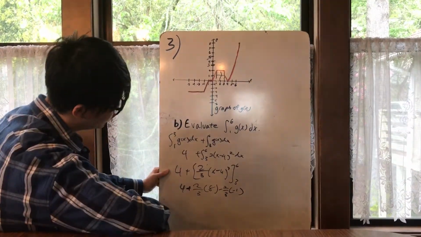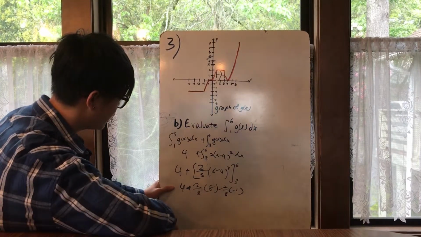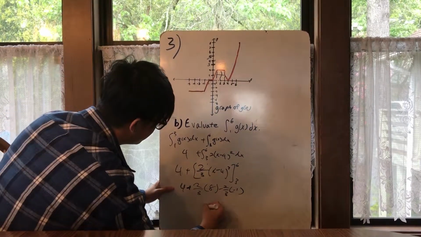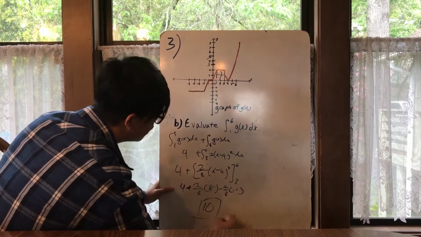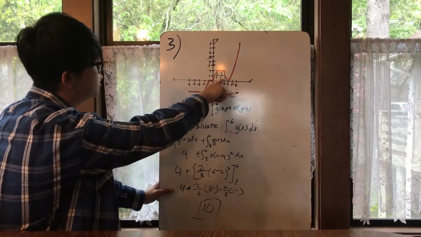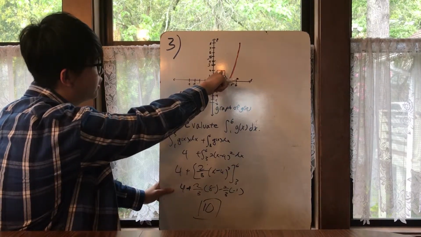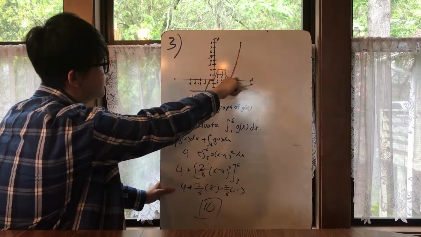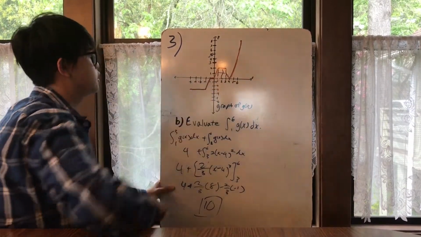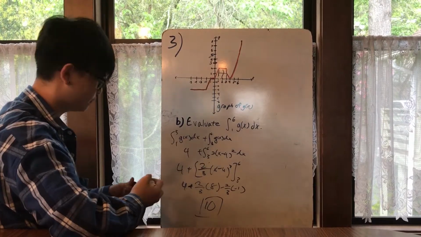Normally you can just leave the answer like this, but if you were to simplify it out, the answer would be 10. So the 10 just means the area under this plus the area under this, which should equal 10.